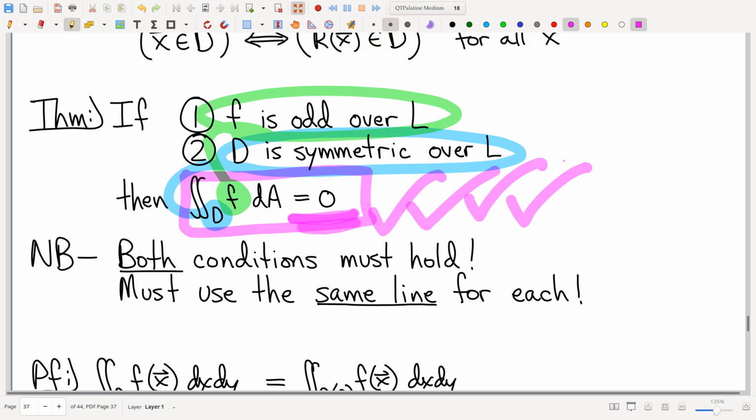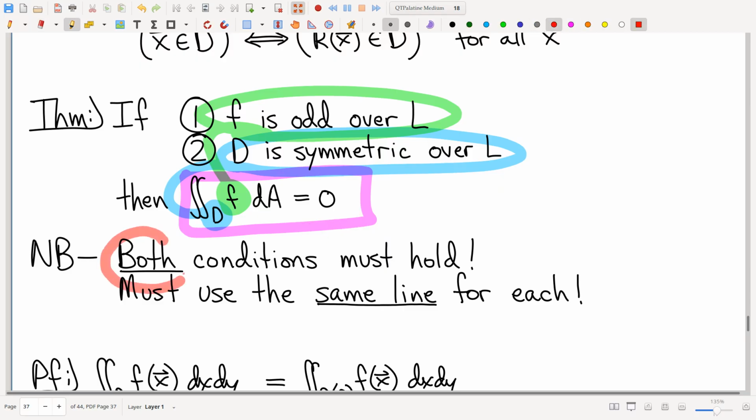Now let's be clear on the catch. Several catches, depending on how you look at it. You do need for both of these conditions to hold. One of the biggest mistakes I see students make is they see a symmetric domain and they're like, okay, integral 0. Not true. Right? It's just not good enough for the domain to be symmetric. The function's got to be odd.